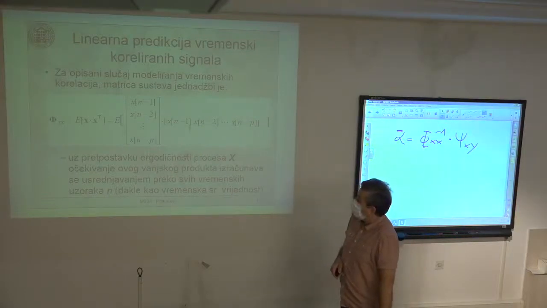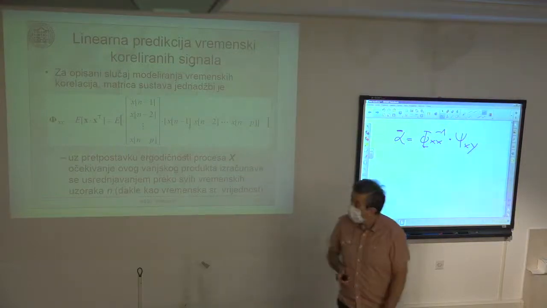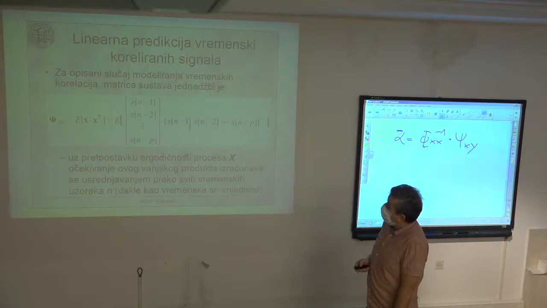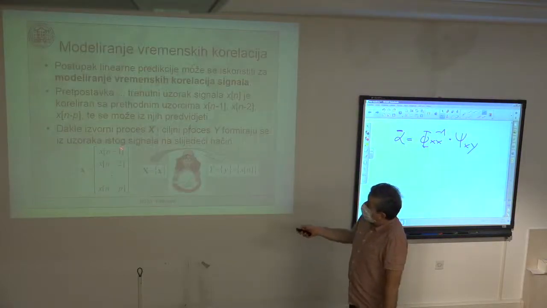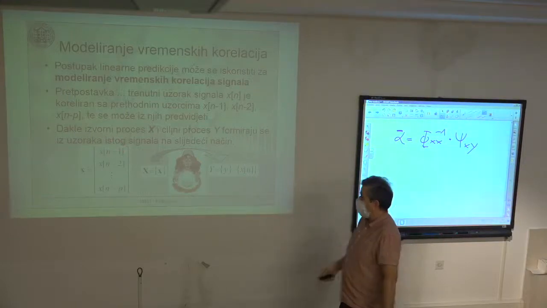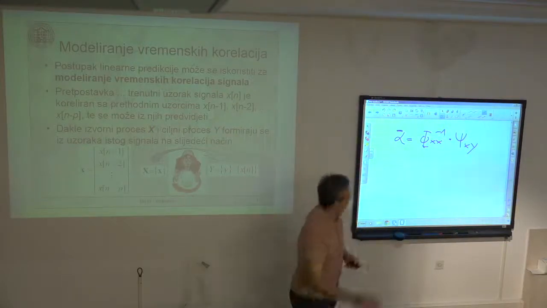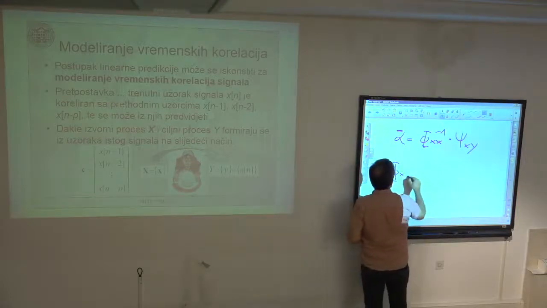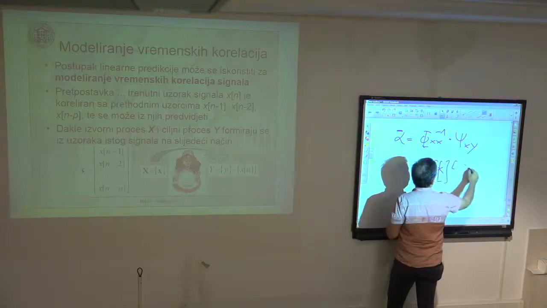So if I go back to the original expressions for the covariance matrix and for the column that describes correlation between the source and the target, now I can rewrite this equation by inserting the actual source vector. In our case, the source vector is simply the previous p samples of the input signal, x of n minus 1 up to x of n minus p. And we know that this phi xx, this covariance matrix, was the expected value of vector x multiplied by vector x transpose.